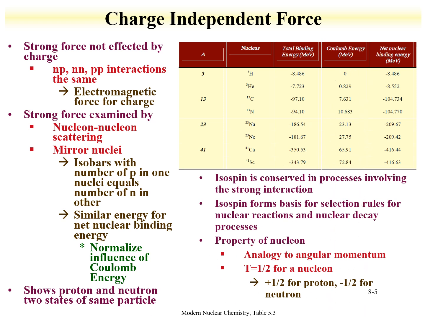And this can be used to show that protons and neutrons can be considered two states of the same particle. And actually this term is called isospin, and it's another parameter that can act to determine reactions based upon the strong nuclear force. And here's some data on isospin. It's a property of a nucleon where the proton can have a spin of 1/2 and the neutron a spin of -1/2.